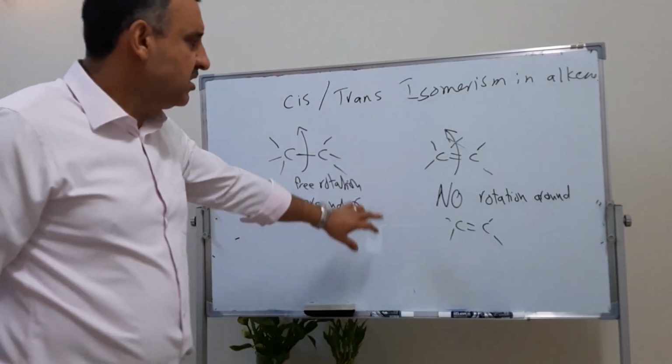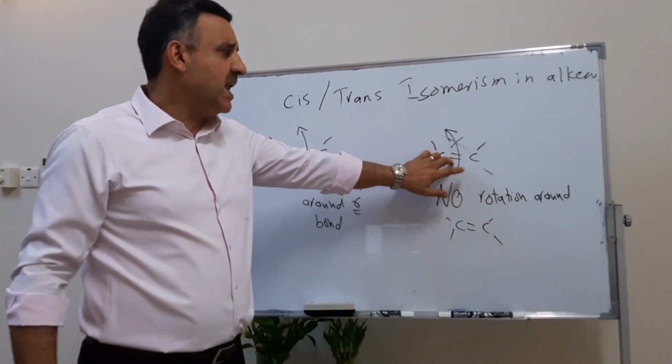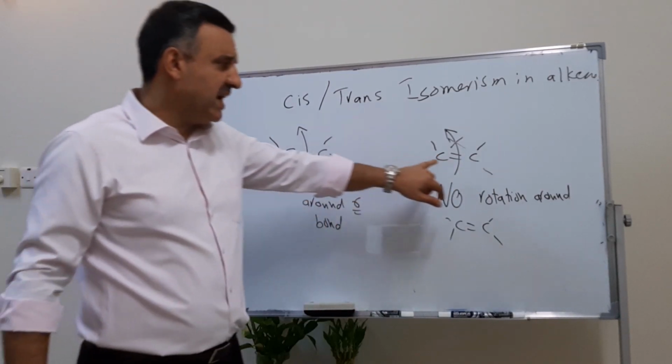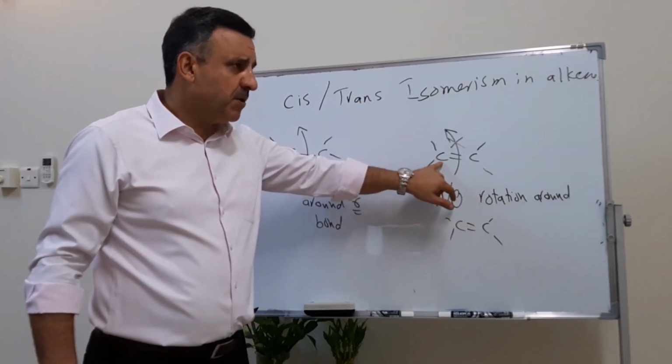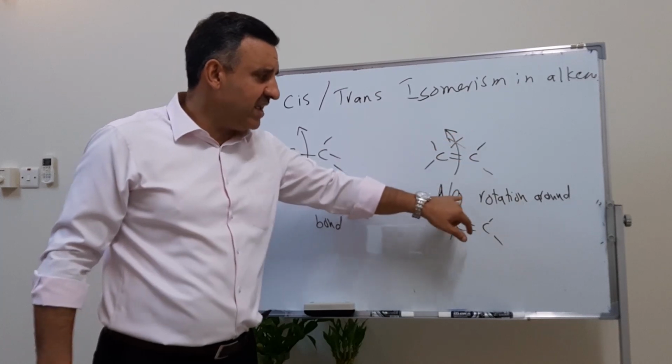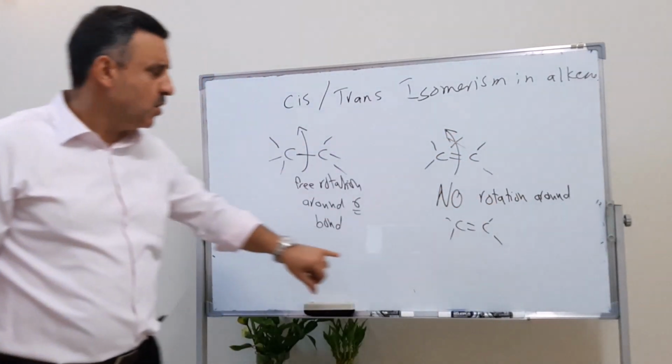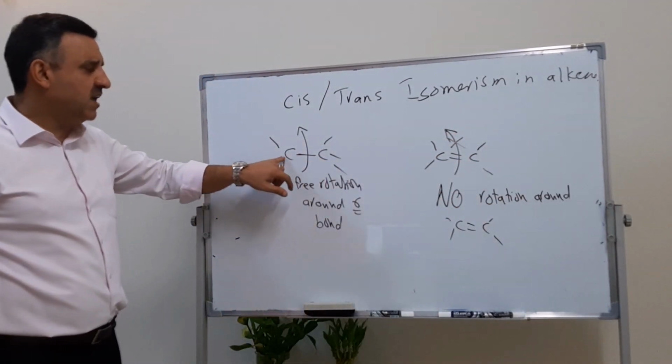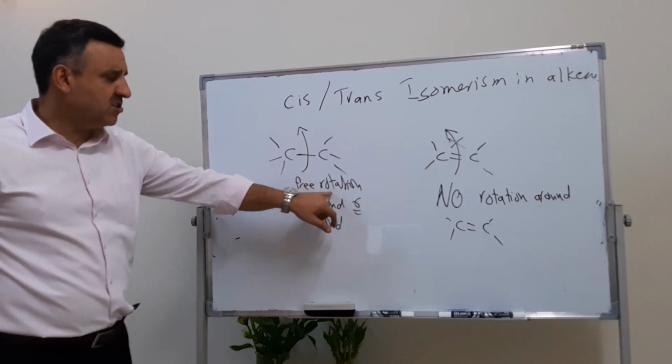Do you follow me? So the difference between alkene and alkane is that around carbon double bond carbon, free rotation is prohibited, while around carbon single bond carbon, free rotation is allowed.